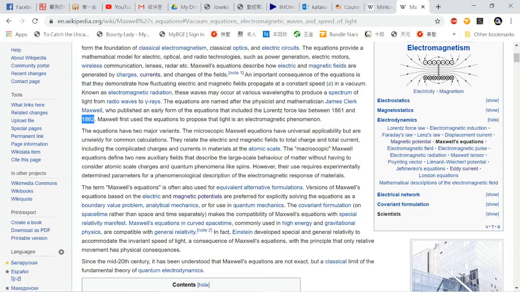Maxwell first used the equation to propose that light is an electromagnetic phenomenon. So at that time, roughly 50 years before that, he proposed that light is an EM wave.